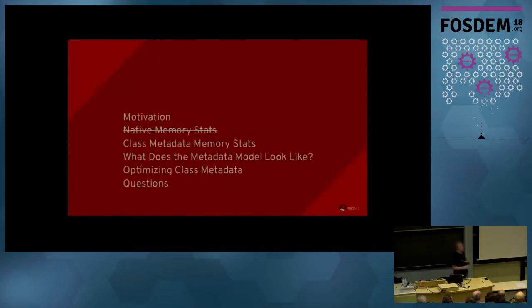To give an overview of what I'm going to be talking about, I'll explain why I'm talking about Java class metadata. I'm going to skip over the slides I've left in for reference about how you measure overall JVM native memory use. I'm going to concentrate on the tool that allows you to see class metadata statistics and identify exactly how much memory is being used to model an individual class in the runtime.